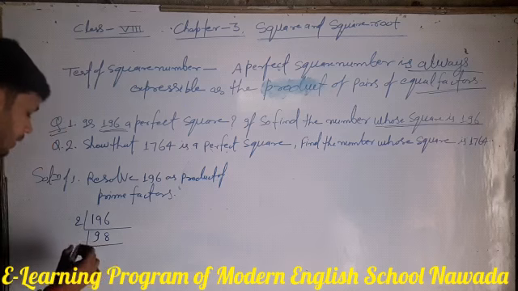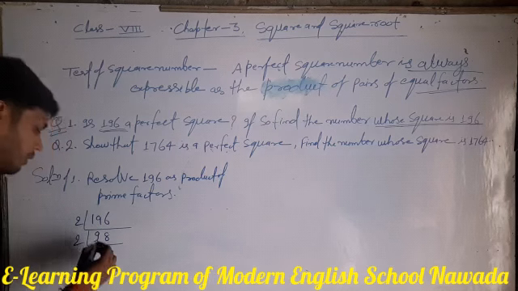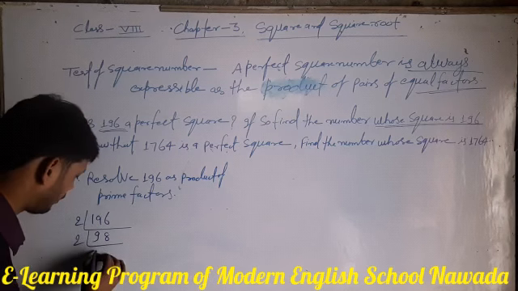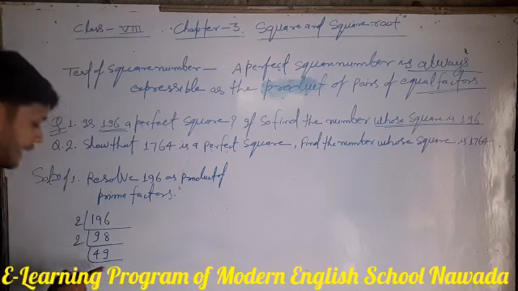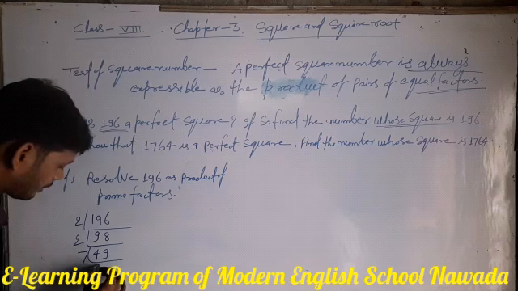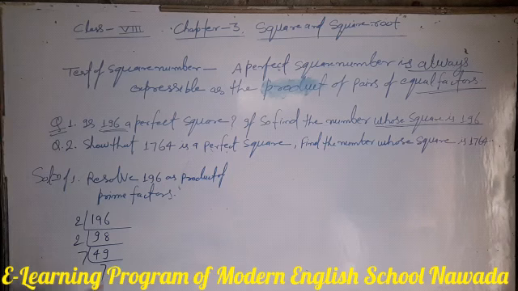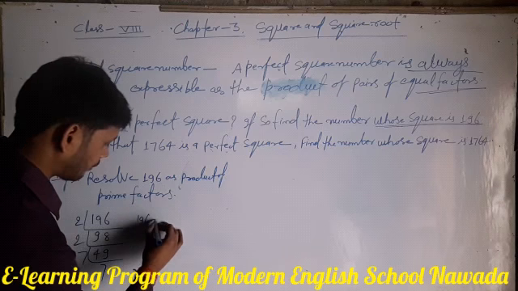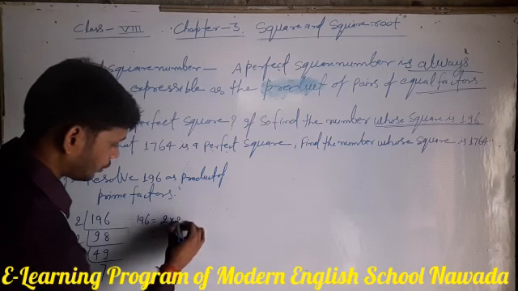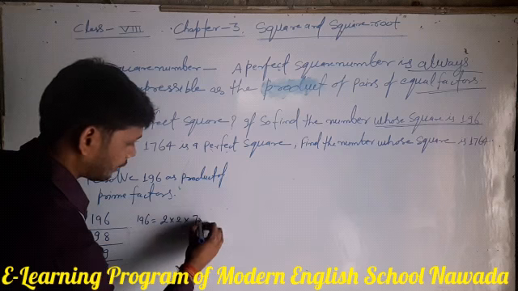Here again it is divisible by 2: 49. Again it is divisible by 7, 7 times. Here you observe 196 equals 2 into 2 into 7 into 7.